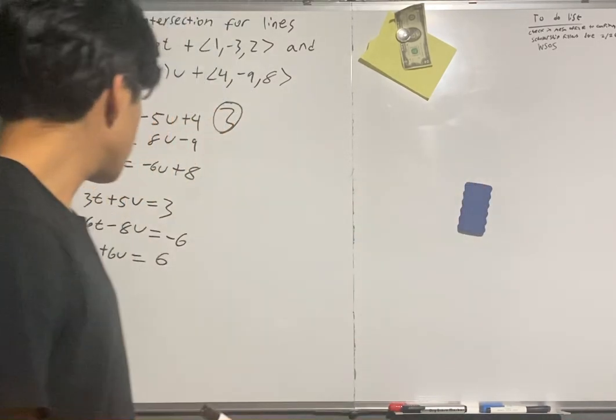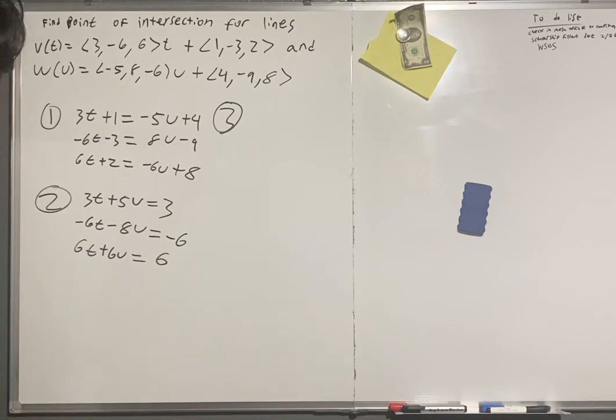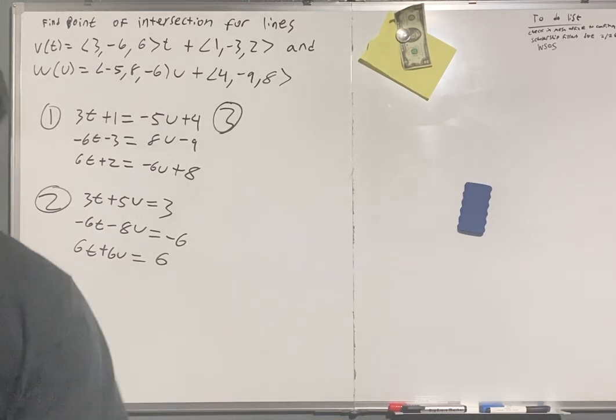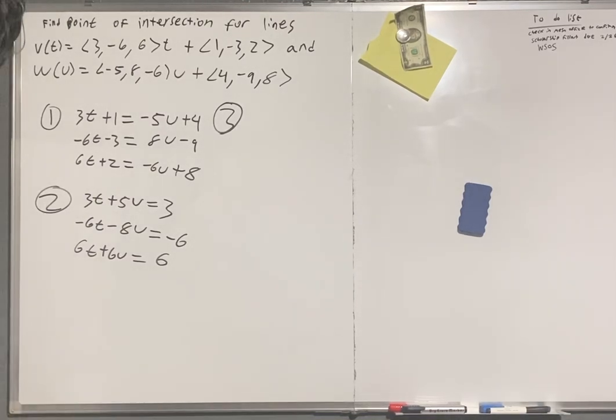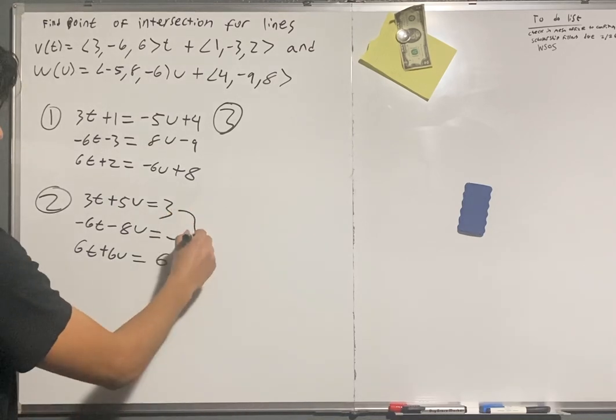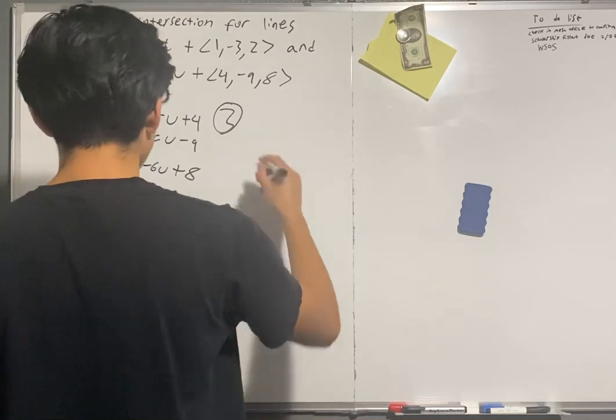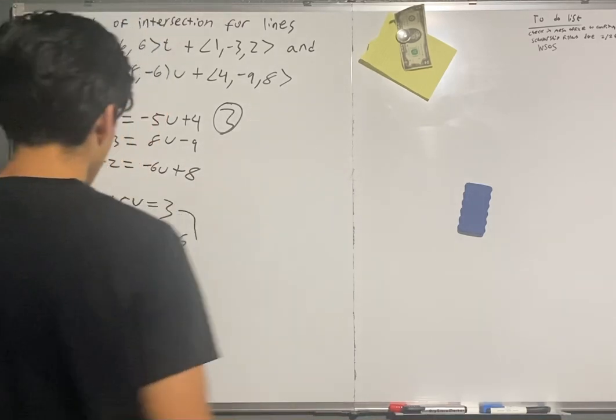Now we're going to try to find t, I believe. No, we're going to try and find u. So we're going to add these two together. Actually, that's wrong.